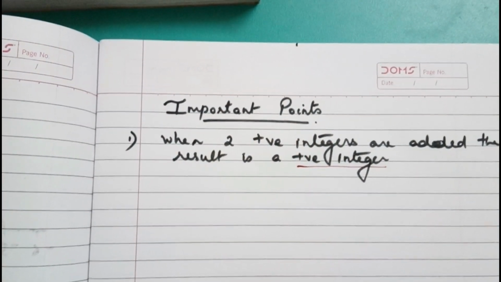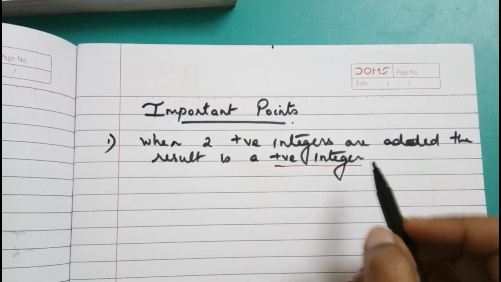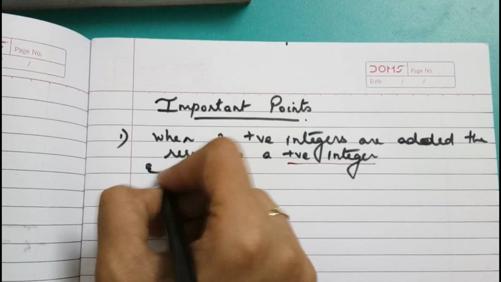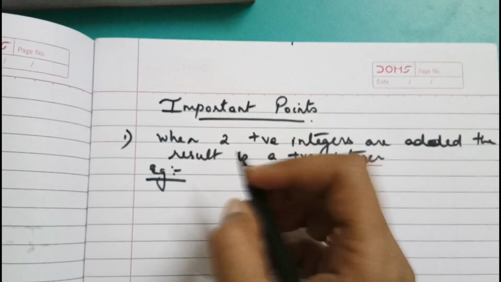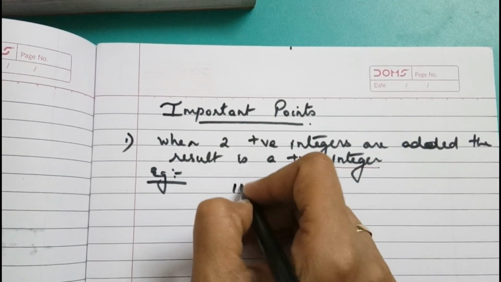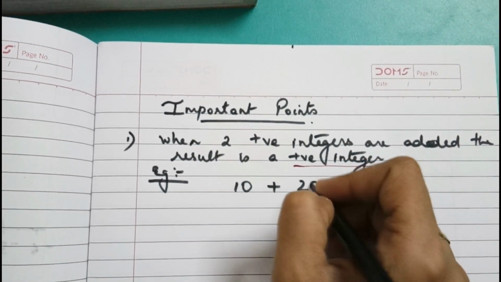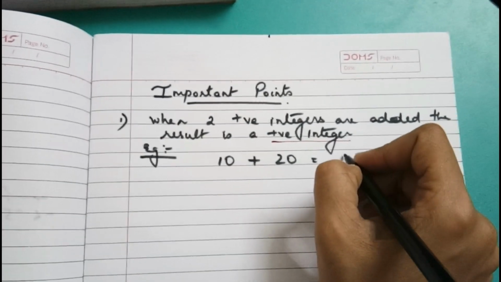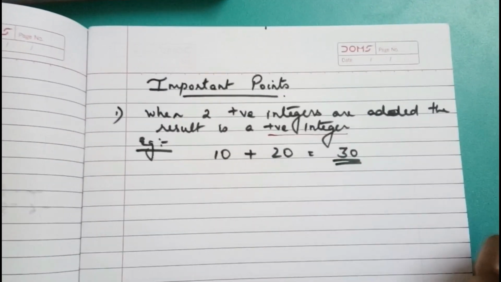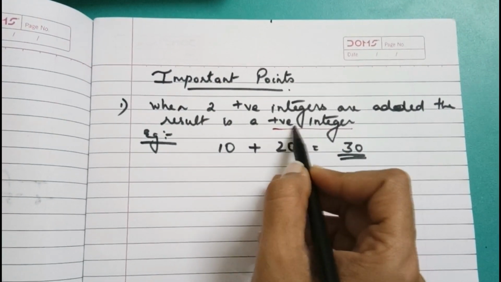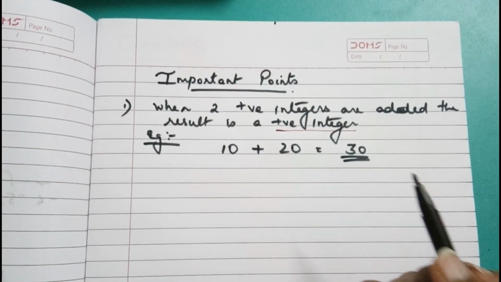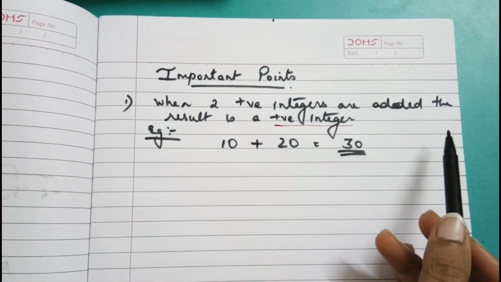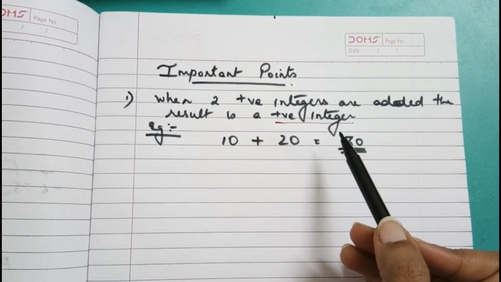When two positive integers are added, the result is a positive integer. Say for example, 10 plus 20. Here both are positive integers. The result is 30, which is again a positive integer.